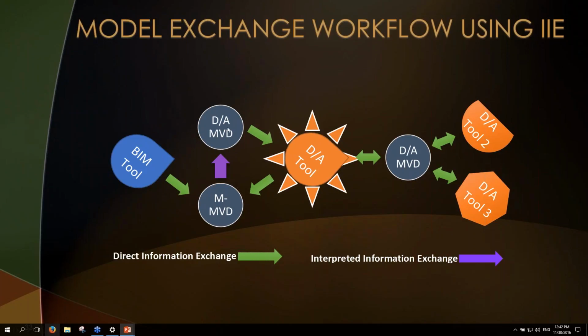And design analysis tools can use the design analysis MVD for coordination of information. We don't require a master MVD. But these design analysis tools should be able to export models in those master MVDs to be able to talk back to BIM authoring tools.